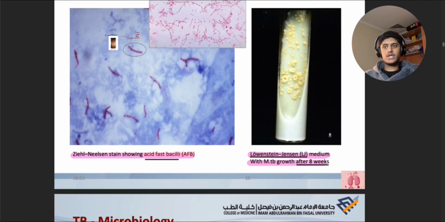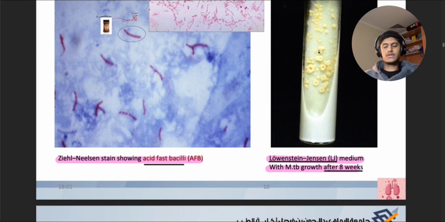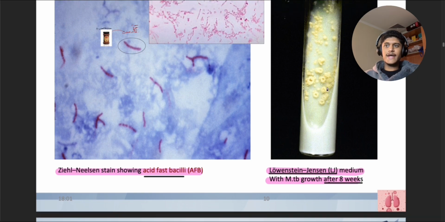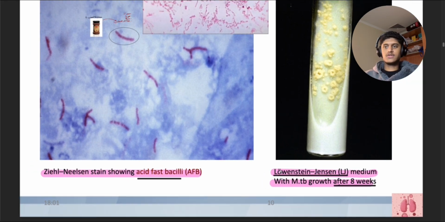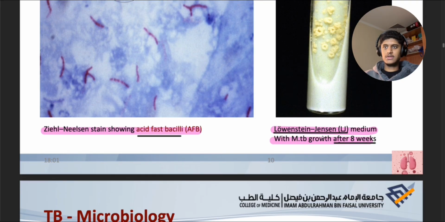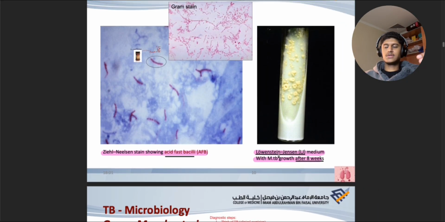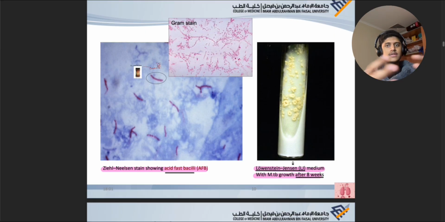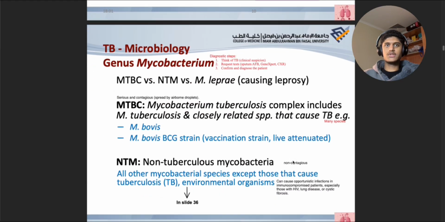And we have the LJ medium, where Mycobacterium has grown after 8 weeks, and please remember the full name, Lowenstein-Jensen media, because that is the correct way to answer in an SAQ question.